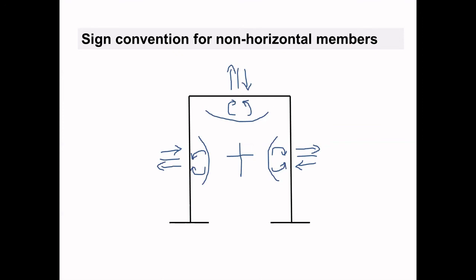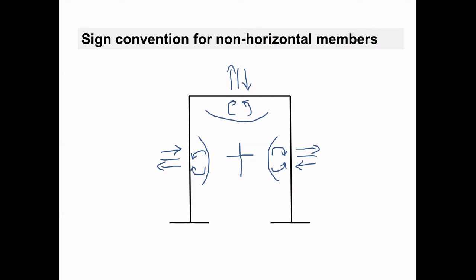So I think by now we have defined the basic four actions: axial force, shear force, bending moment, and twisting moment. We have understood that forces lead to translation and moments lead to rotation. We have also understood that these basic four actions are not isolated forces or isolated moments.